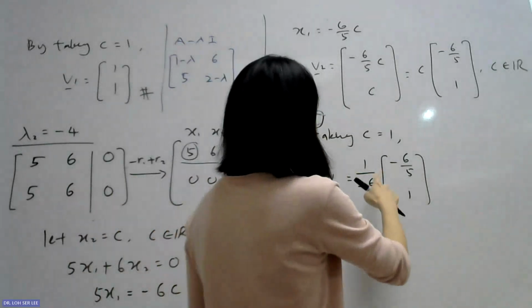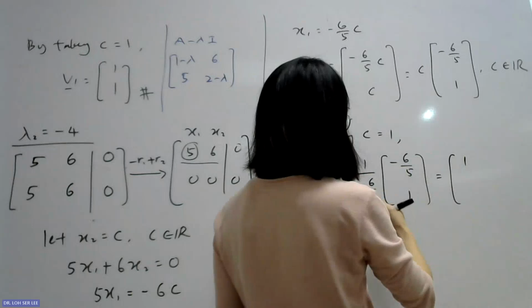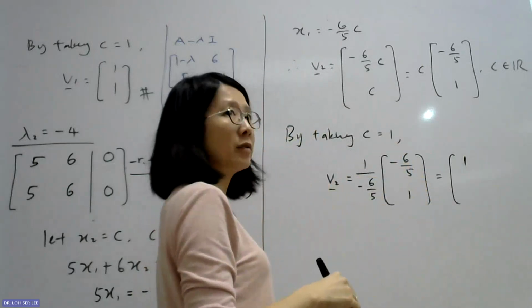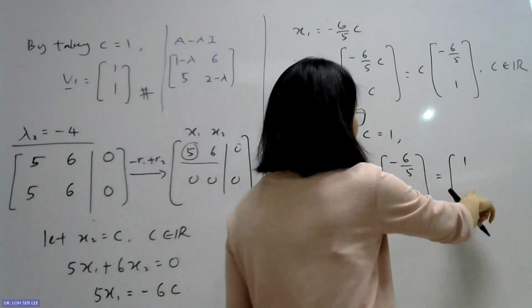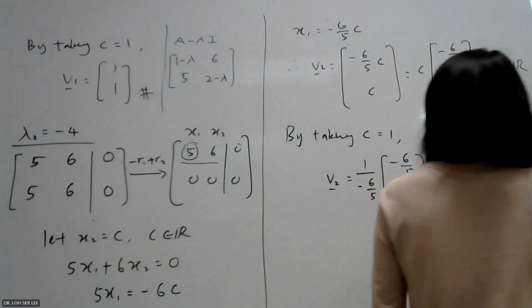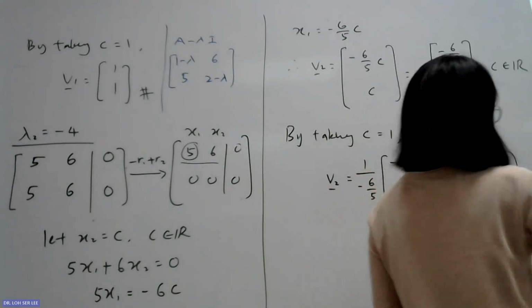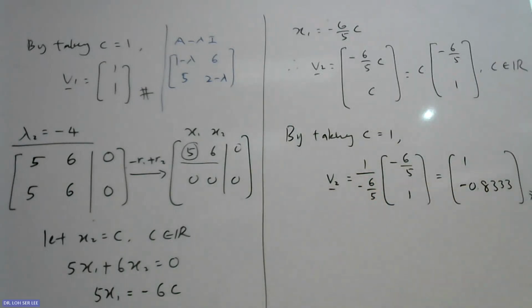So we get 1 and -5/6, which is -0.833. Use 4 decimal places. Very simple. If you manage to remember the flow, you have to know what you need to solve, then you know what the steps are.